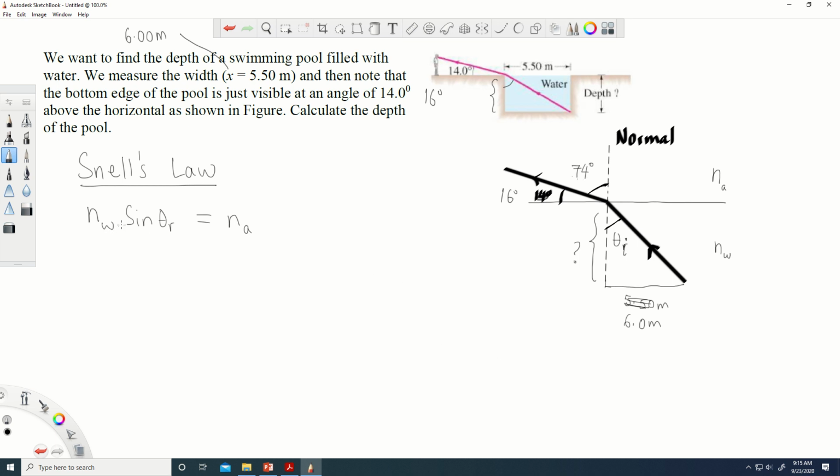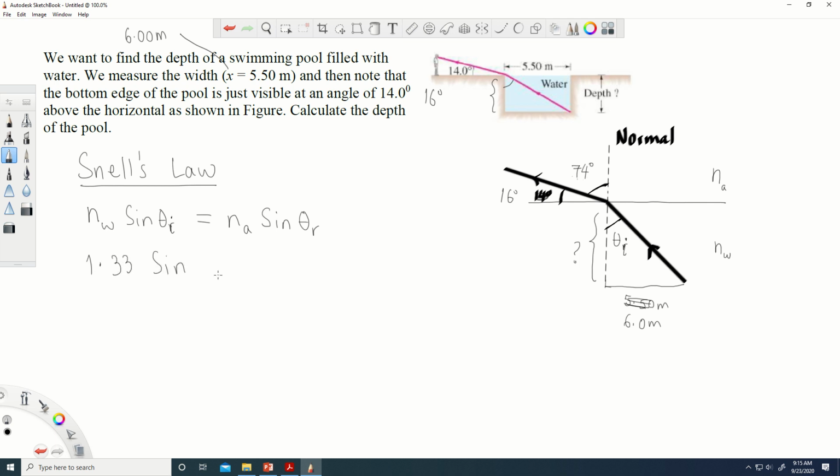So angle of incidence, refractive index in air, and the sine of theta r, that's the angle of refraction. So n_w is not given, but we need it. Without that we cannot solve this problem. That means you need to find n_w from your textbook, maybe the back of your textbook. You can even Google that. So the refractive index of water is 1.33.